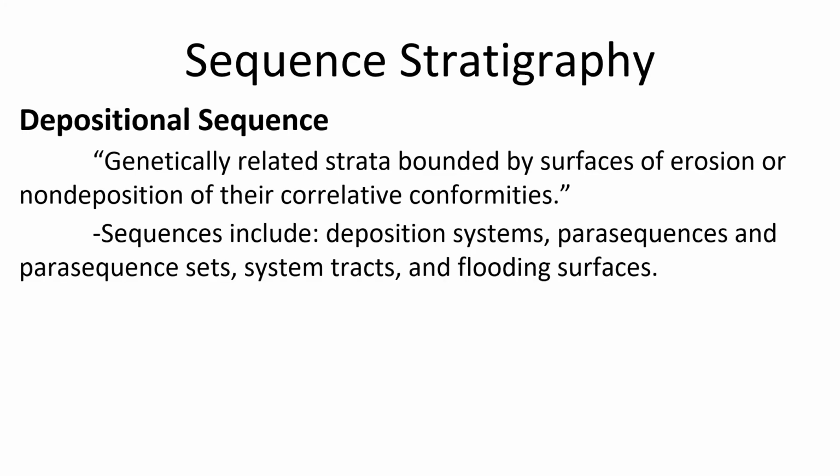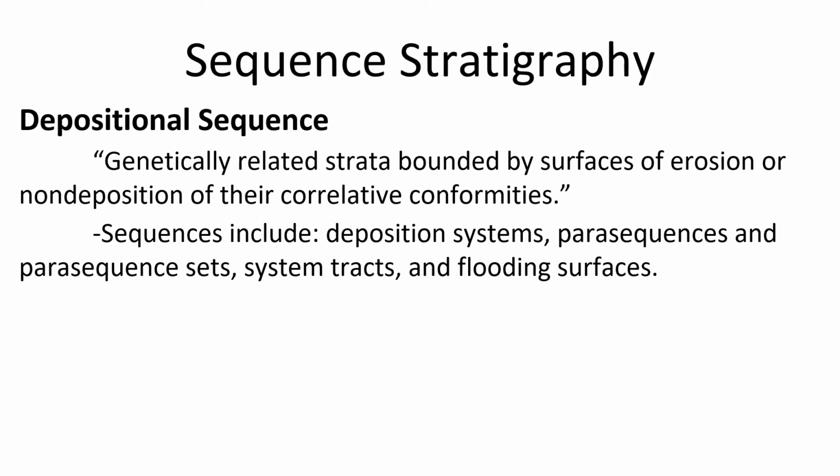These depositional sequences include a couple of moving parts, and we're going to be discussing these. Depositional systems that actually produce those sediments. Parasequences, which are packages of sedimentary rock that indicate particular environments over time.